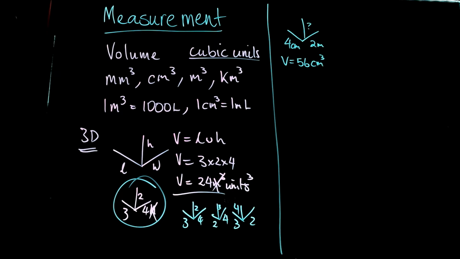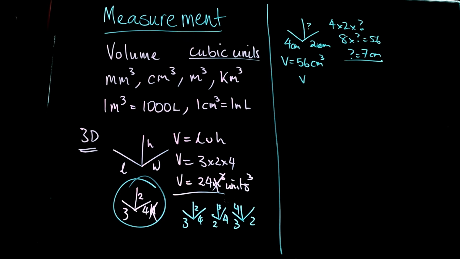Okay, and we can go about guessing. I'm thinking 4 times 2 times something, well that turns into 8 times something is equal to 56, and so that something has to be equal to 7 centimeters if that's what we're working in. Okay, that's one way to work it out.